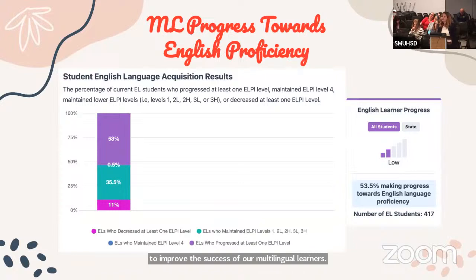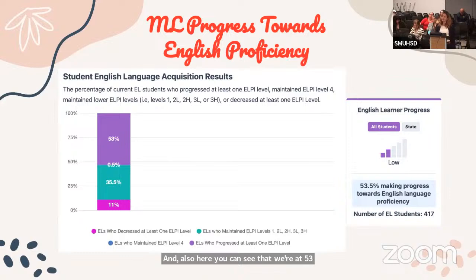The progress in English proficiency is a measure that the state has. And what it does is it compares the students' growth from their LPAC 1 year, which is the exam they take for their English proficiency, and it compares it to the following year to see if they've made any progress. And also here, you can see that we're at 53.5%.